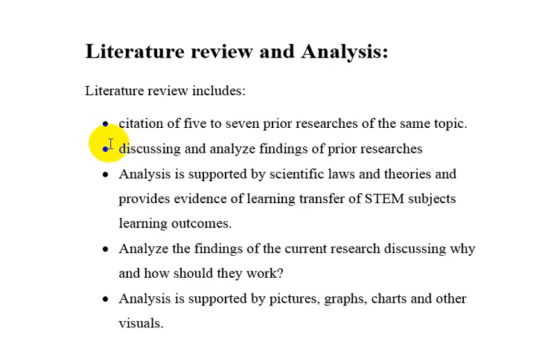And here it contains, as clear in the paper, citation of 5 to 7 prior researches, and the discussion of these prior researches, their weaknesses and strengths, the weak points and advantages in prior researches. And also we should support our work by scientific laws and theories we studied in our learning outcomes in STEM subjects.